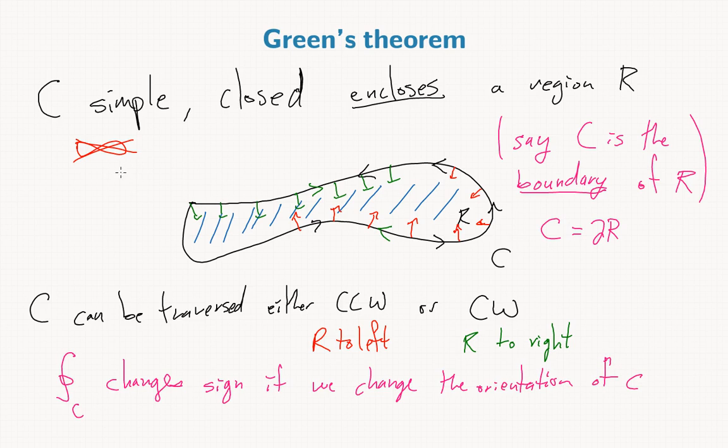Like we defined the integral of something over C, we tried to calculate it using a parameterization. And we showed that using different parameterizations of the same curve will give the same value for the integral, except the sign could change depending on which way the parameterization traverses the curve.